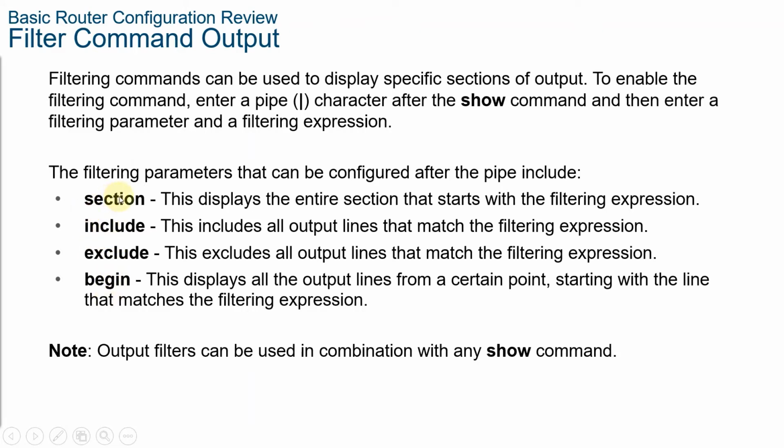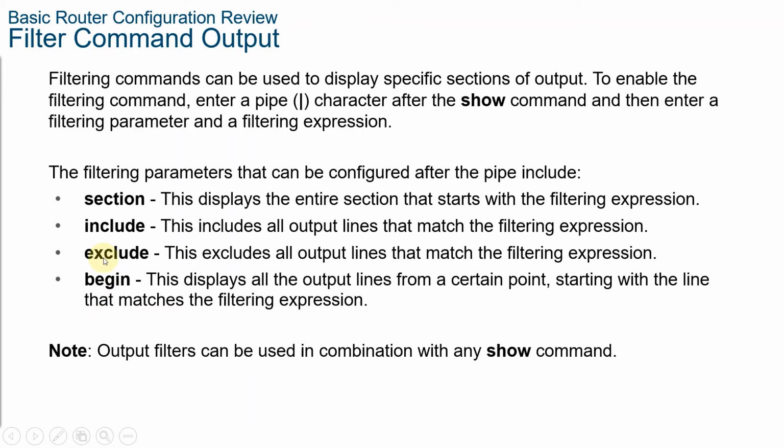Now, section displays the entire section that starts with the filtering expression. I'm going to give you an example as we progress in this video lecture. Include includes all output lines that match the filtering expression.